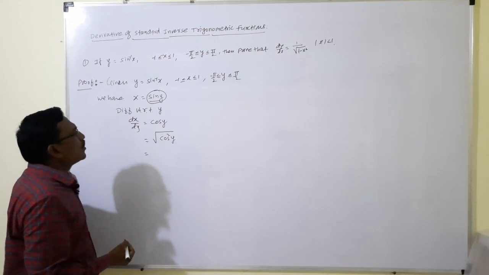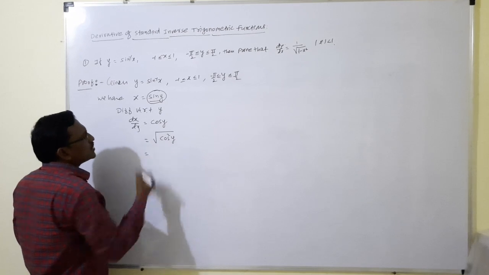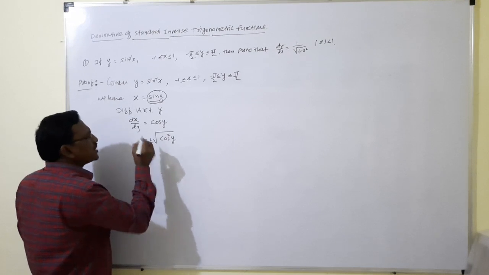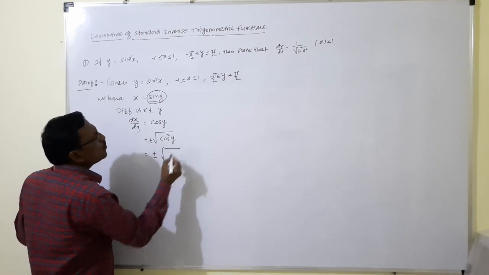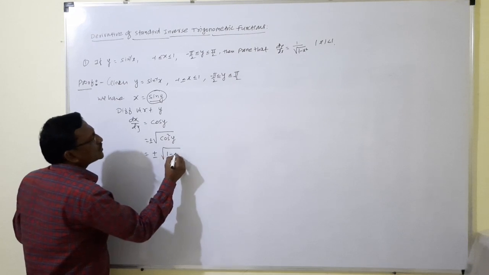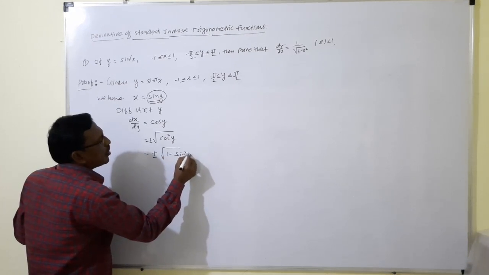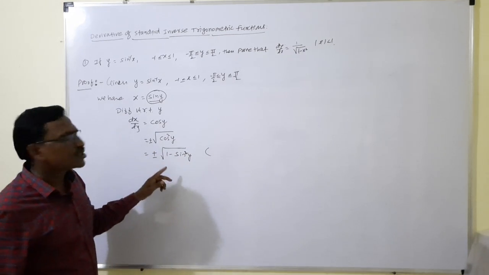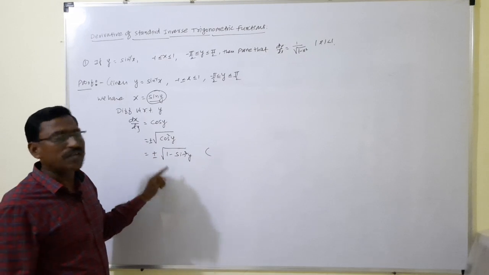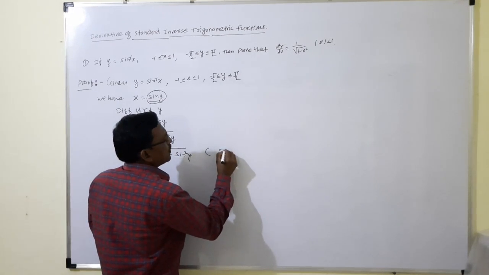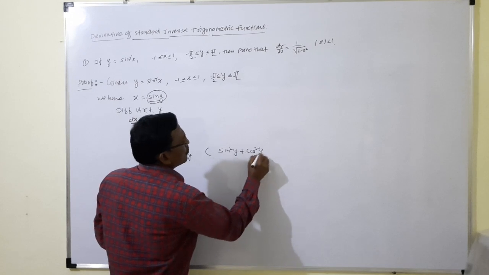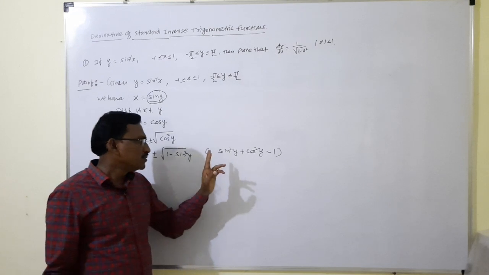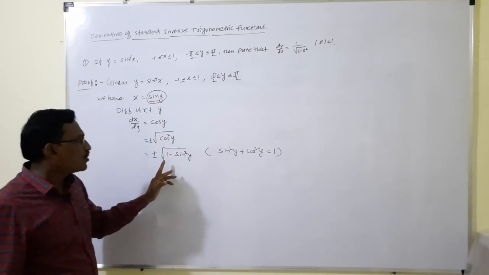Also we can write this cos y as plus or minus root of 1 minus sine square y, because by using the first trigonometric identity, sine square y plus cos square y equal to 1, we may write cos square y is equal to 1 minus sine square y.